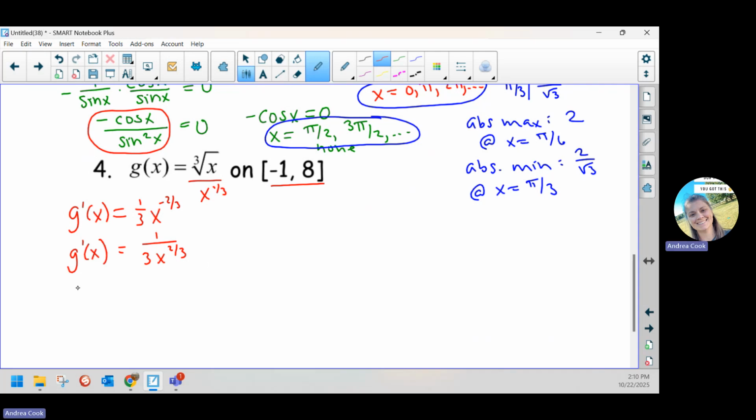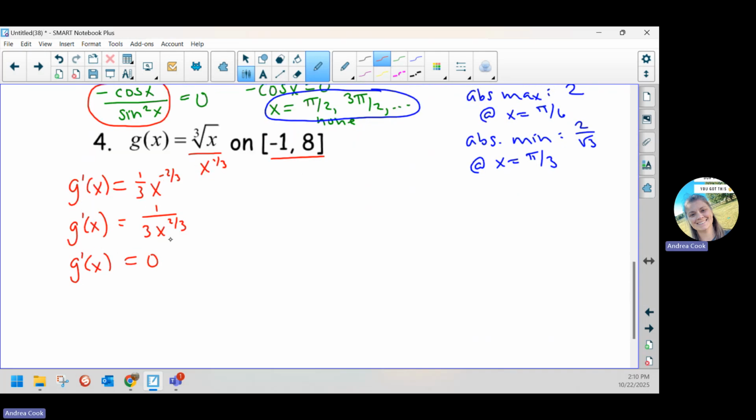So I want to find where is the derivative equal to 0. Well, when I have a fraction, that would be where the numerator is equal to 0, and you can't turn 1 into 0, so this means there will be no horizontal tangents.